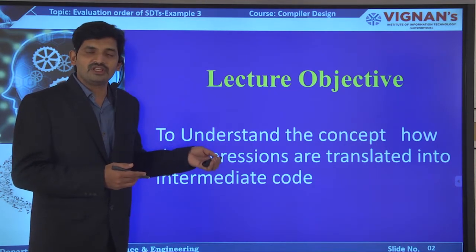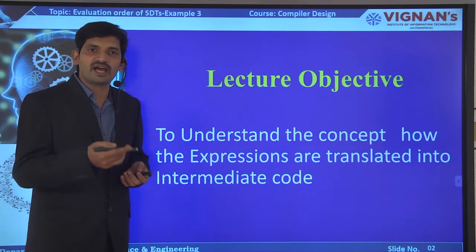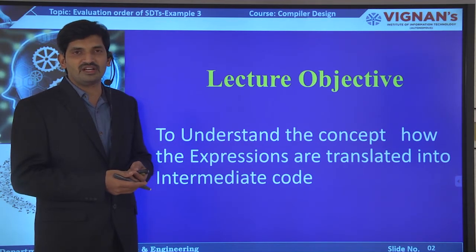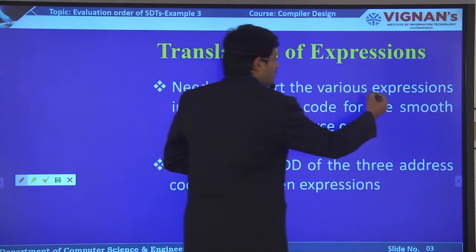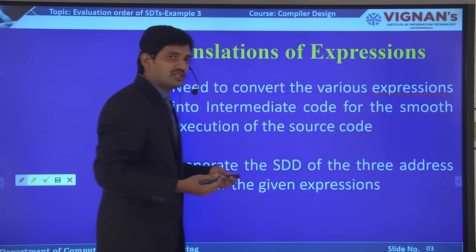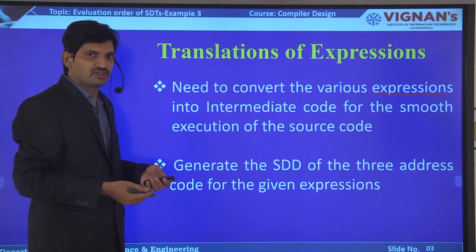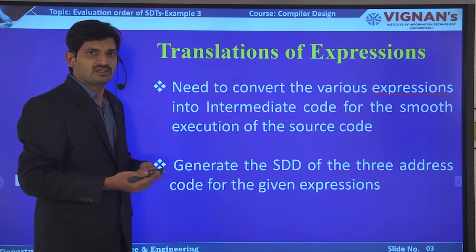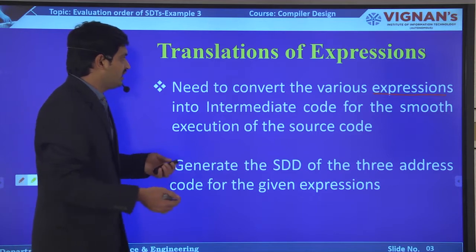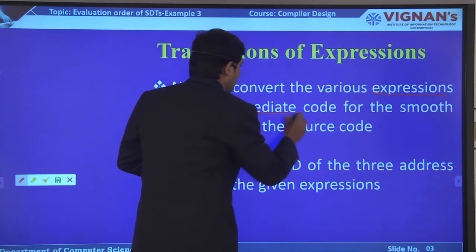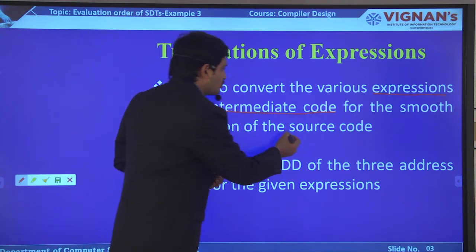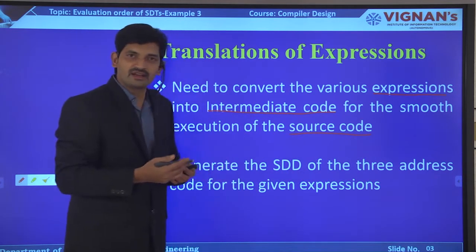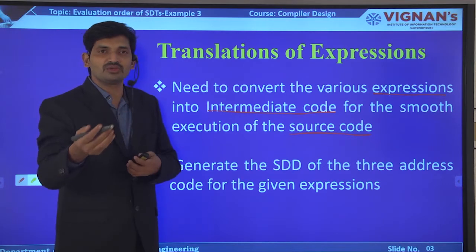So now here we are going to discuss how the expressions are converted into the intermediate code. There is a need to convert the various expressions. These expressions may be Boolean expressions or control flow expressions like if, else, switch, while, do while, all these things, into the intermediate code for the smooth execution of the source code. Why? Because we cannot convert the source code directly into the machine code.